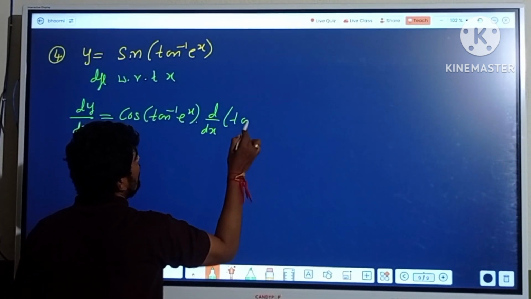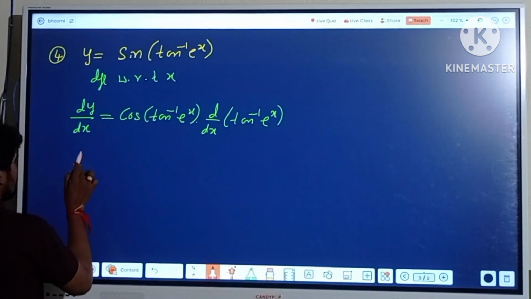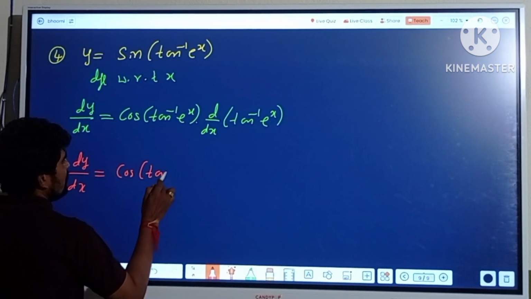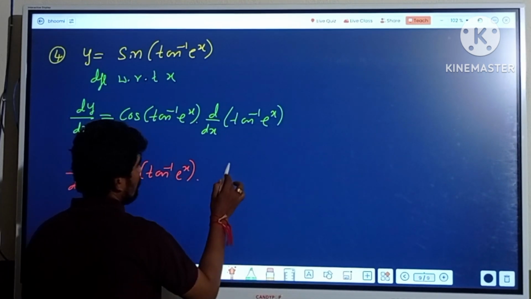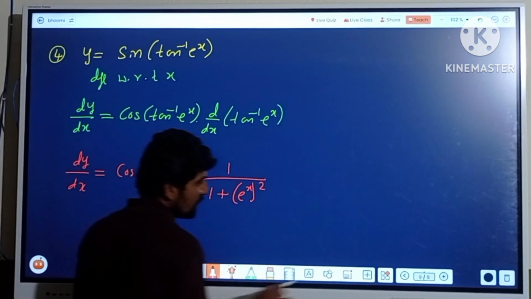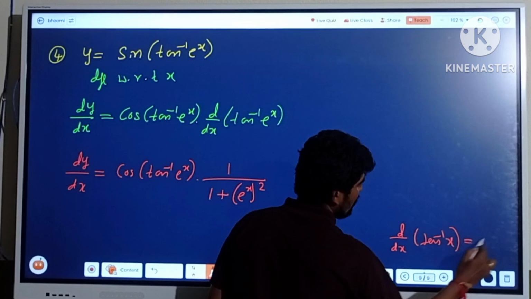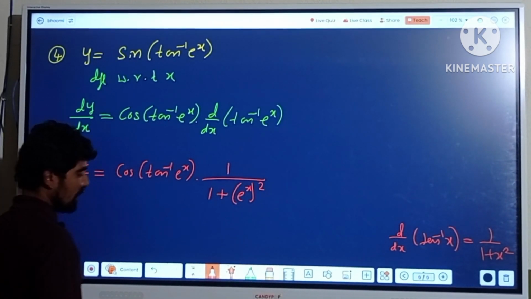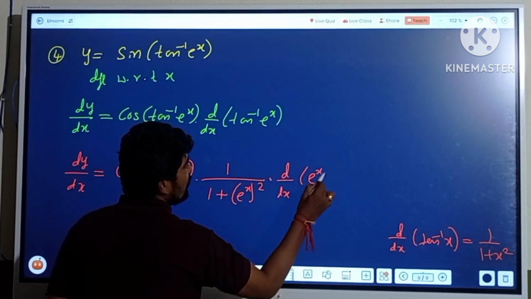Derivative of tan inverse of e power x. So therefore dy by dx is equal to cos of tan inverse e power x into derivative of tan inverse something, which is 1 divided by 1 plus something square, because we know that derivative of tan inverse x is equal to what? 1 divided by 1 plus x square. Here x is e power x, into derivative of what? e power x.